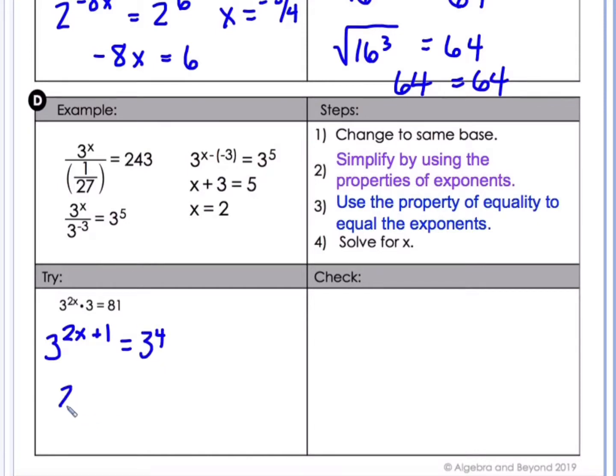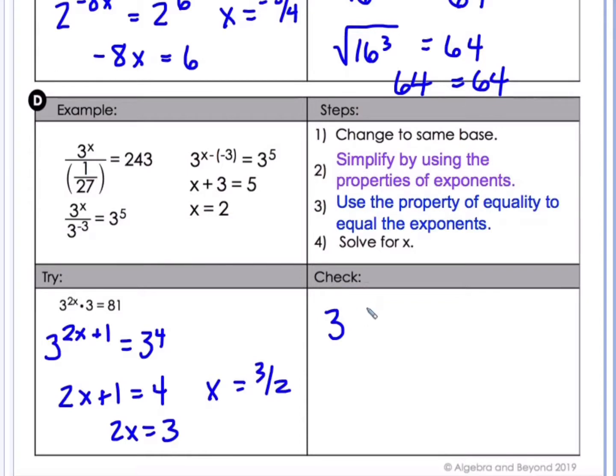And now I'll equal 2x plus 1 equals 4. Subtract 1. I know 2x equals 3, so x equals 3/2. And I substitute back in to get 3.